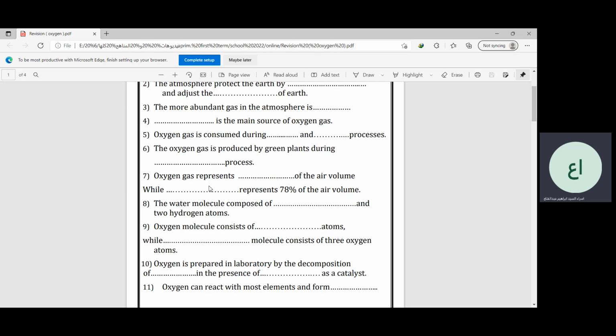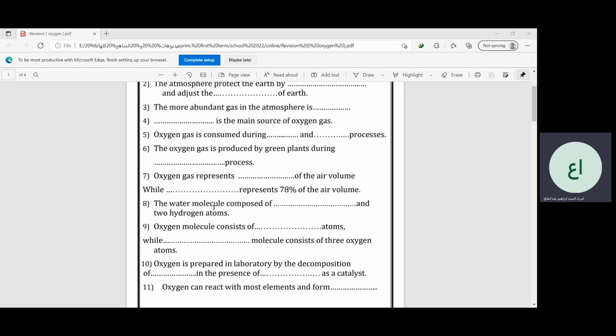So here oxygen gas represents 21, while nitrogen represents 78. Remember question number 3, the more abundant gas in the atmosphere represented 78? It was nitrogen gas.